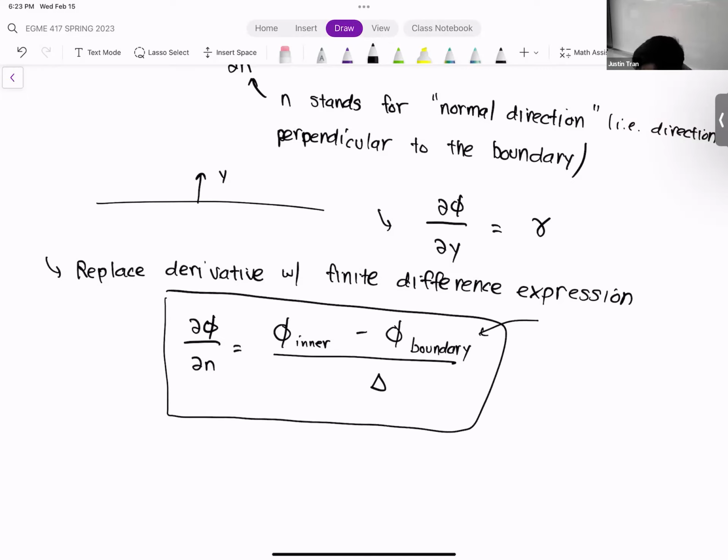Where phi boundary here is the boundary node that we're considering, and phi inner is the immediate neighbor to the boundary node that leads to the interior.